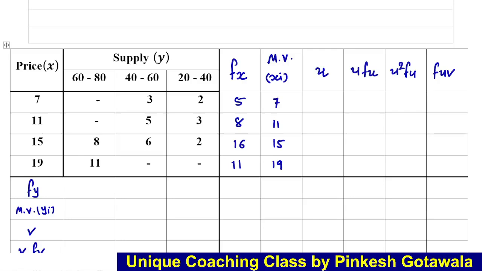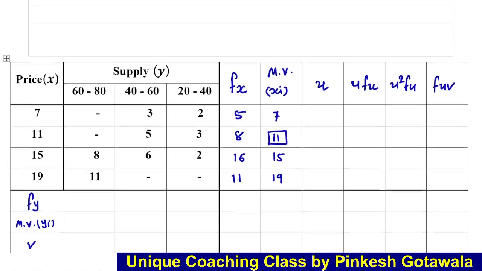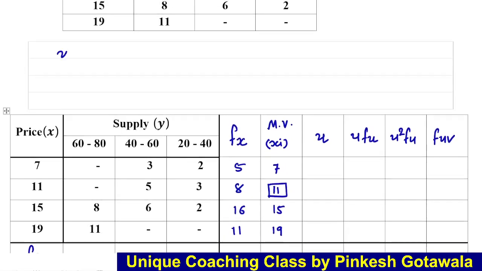Now for u, we have to suppose any number as a. So let's take 11 as a. I told you in every sum regarding group data, whenever you suppose, you have to show x minus a divided by cx, and for v, y minus b divided by cy.